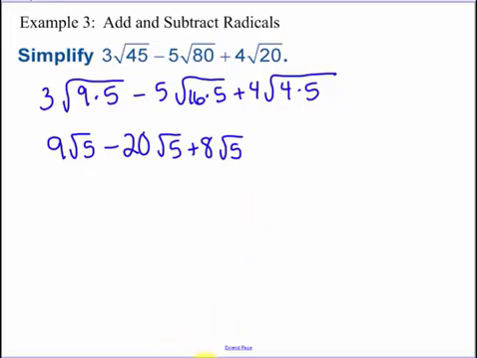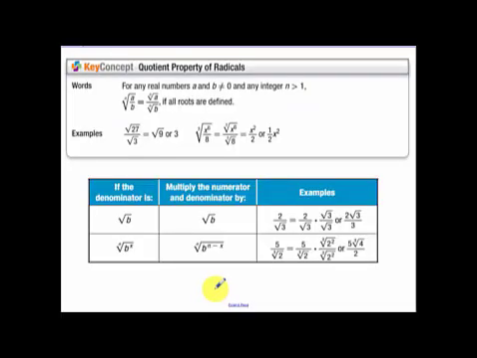Now combining like terms, remember your radicals need to be the same thing if you want to combine them. So those radicals are all the same thing. So I would simplify that to be equal to negative 3 root 5.